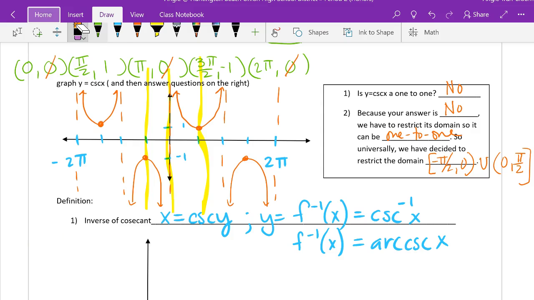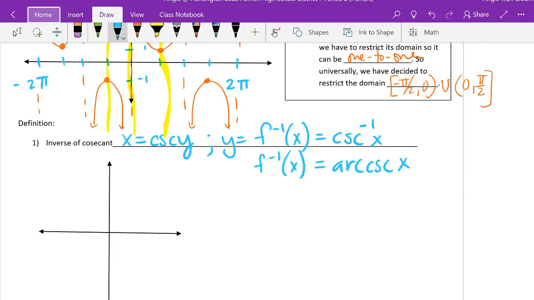All right, let's lay out all the domain and range. Ready? Domain. And this is the whole team, okay? So Justin, your entire team, come up with a consensus what the domain is for cosecant inverse? Teamwork. Is it okay, like universally we have decided to restrict the domain?